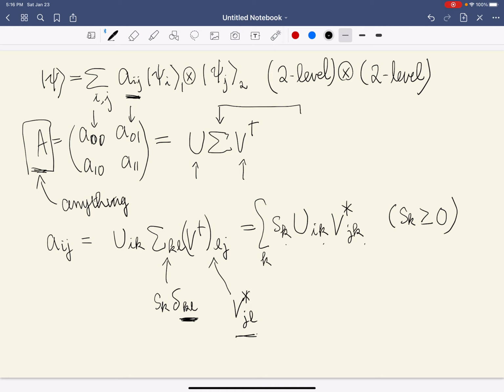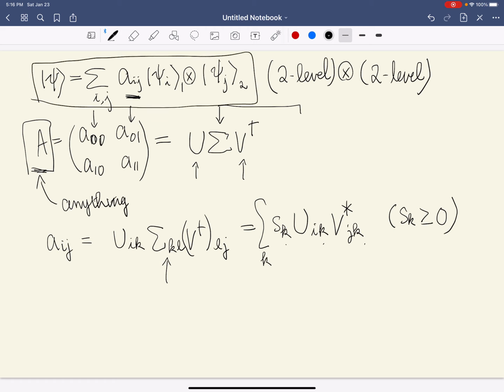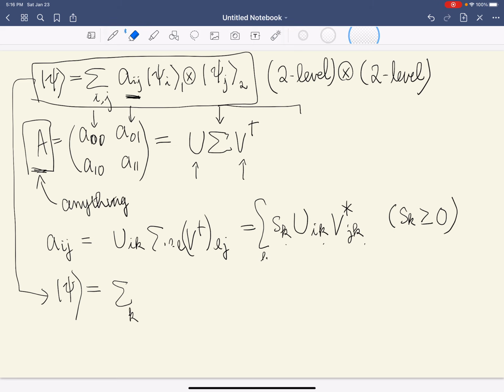All right, so now we can substitute this expression into the many-body wave function over here. And after some cleaning up, we find the following. The state, which is an arbitrary state for a two-particle system, is written in this way.